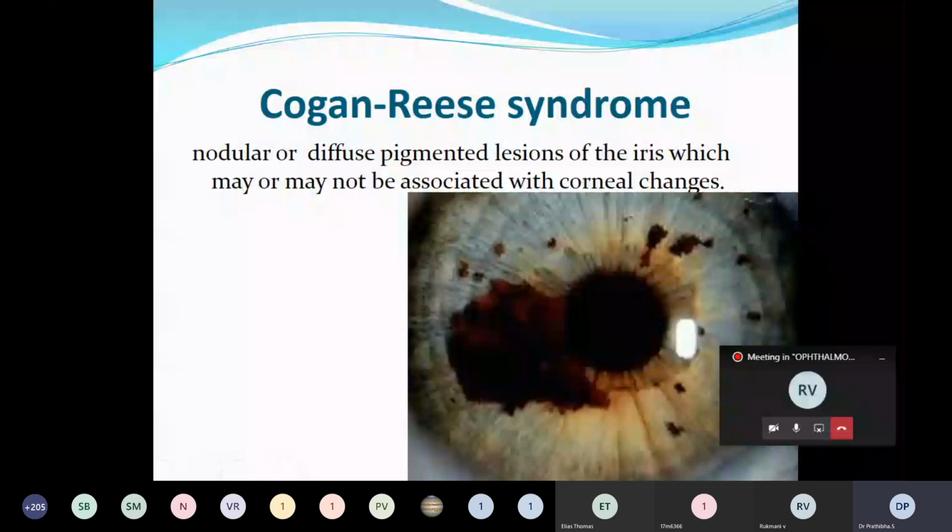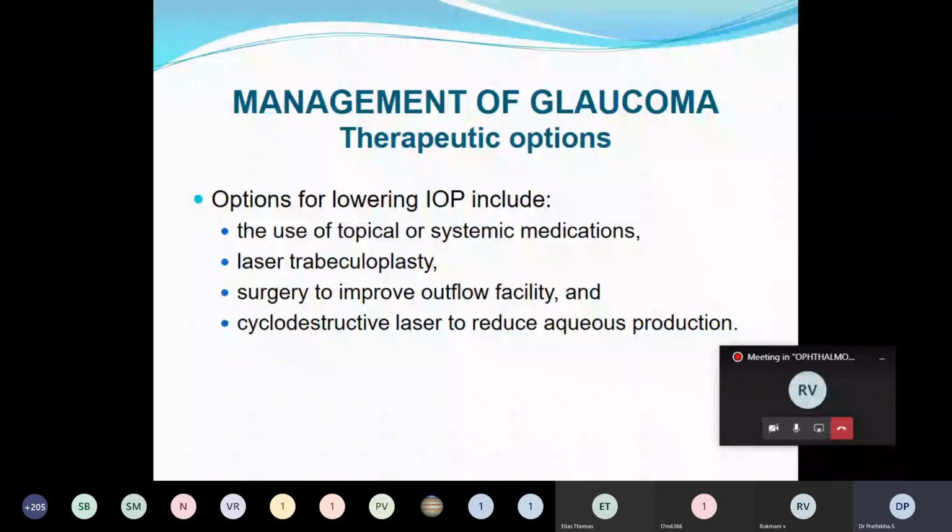So all in all, in secondary glaucoma, the treatment or options for lowering the IOP include the use of topical or systemic medications, that is, medical therapy. Along with that, laser trabeculoplasty can be tried, especially in pigmentary glaucoma and pseudoexfoliative glaucoma.